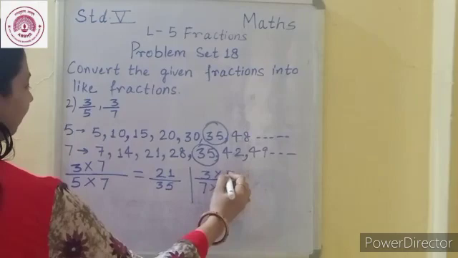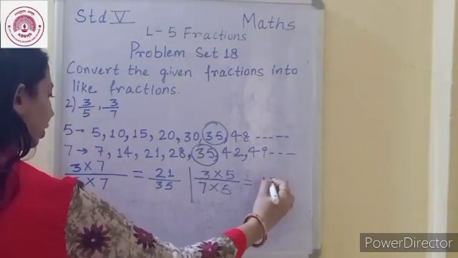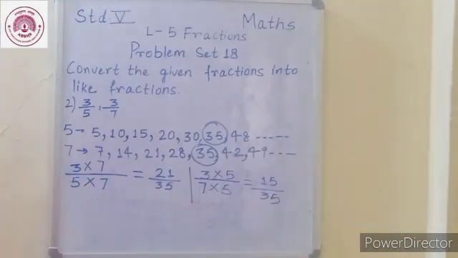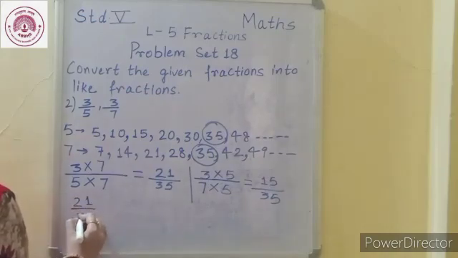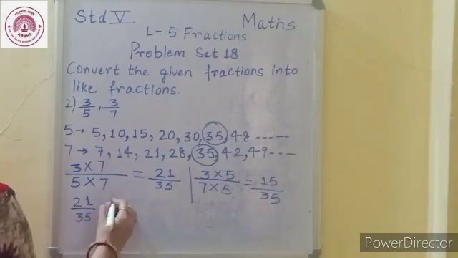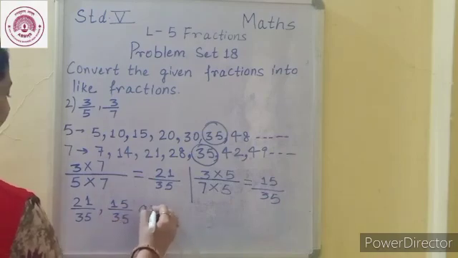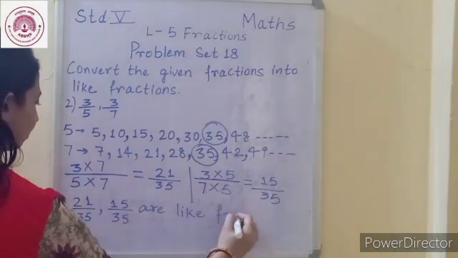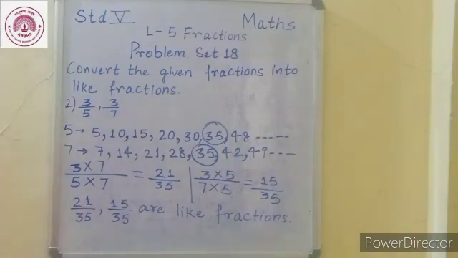Similarly, multiplying the numerator by 5, we get 15 as the numerator and 35 as the denominator. Now 21 by 35 and 15 by 35 are like fractions. And this is our answer.